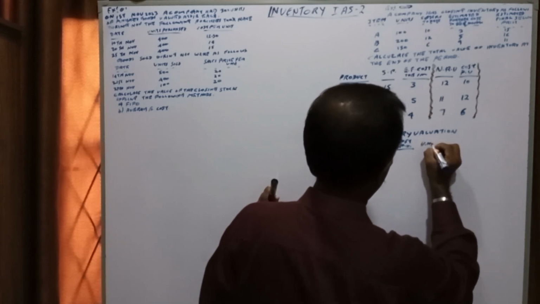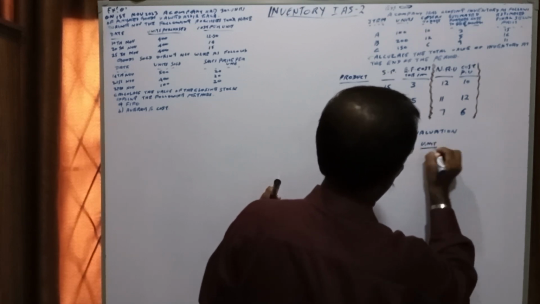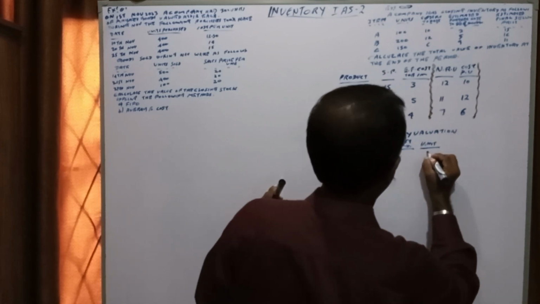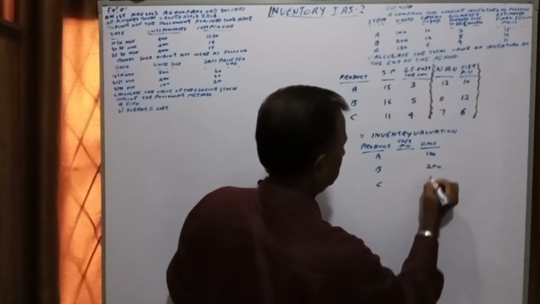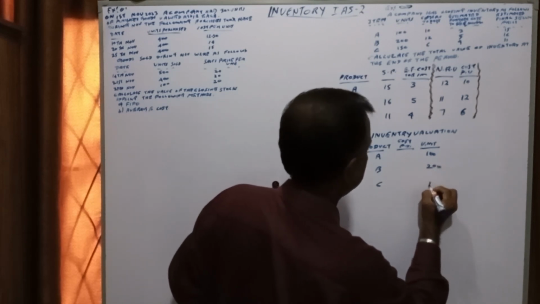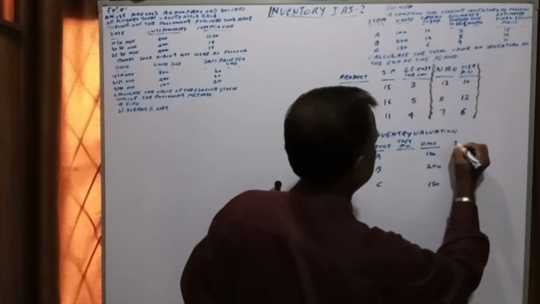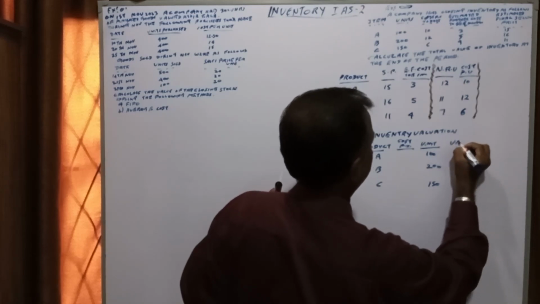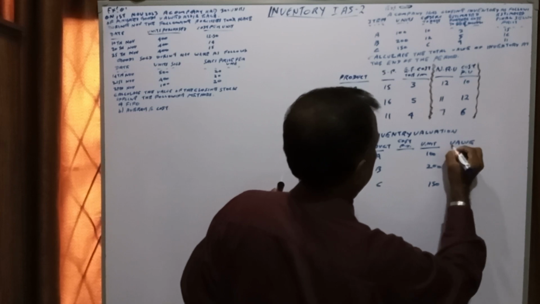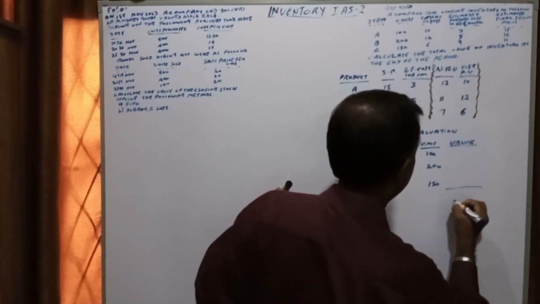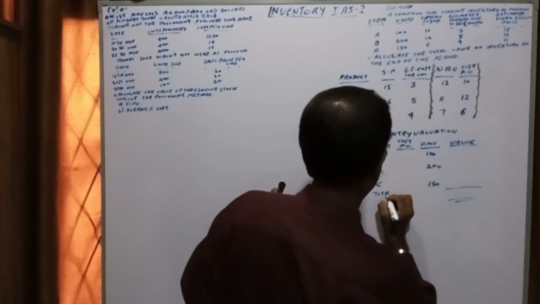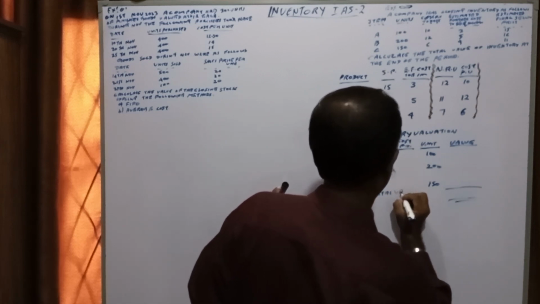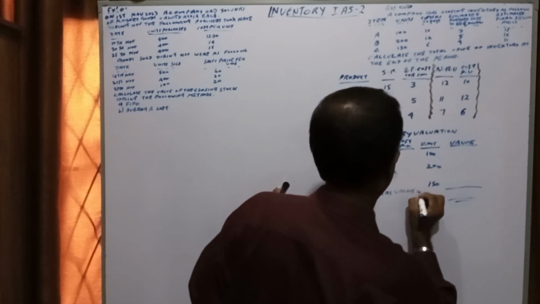That is 100 given, 200 quantity given, here 150 given, right? Here is the value, and you will arrive at the total value of inventory.